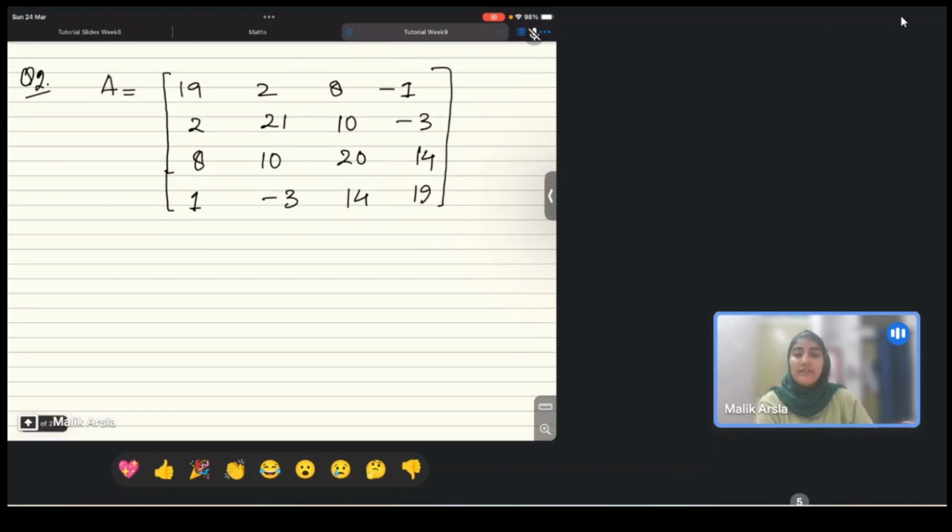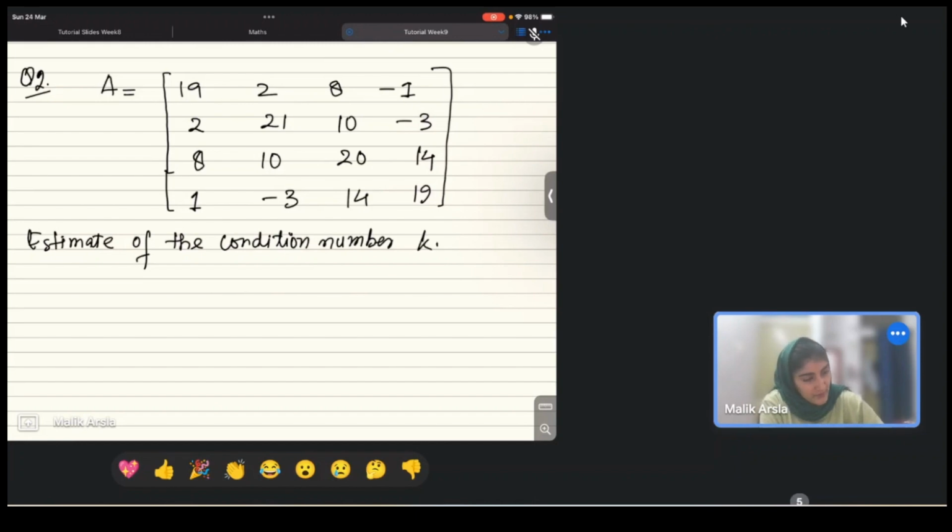So this is the given matrix, and we have to get an estimate of the condition number K1 of A for the given matrix.